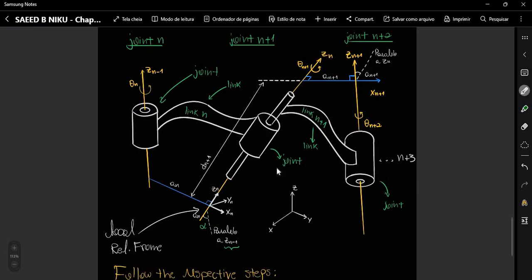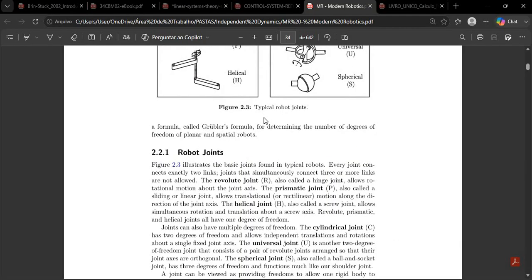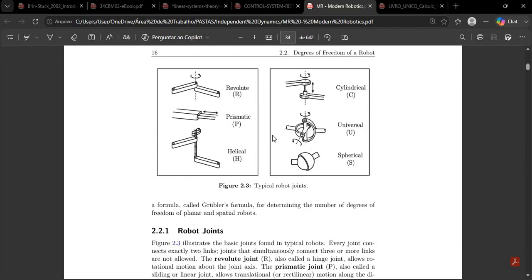Okay, these are our revolute joints because they are cylindrical. If it was a solid like a cube, it would not be a revolute joint. It would be more like a prismatic joint.